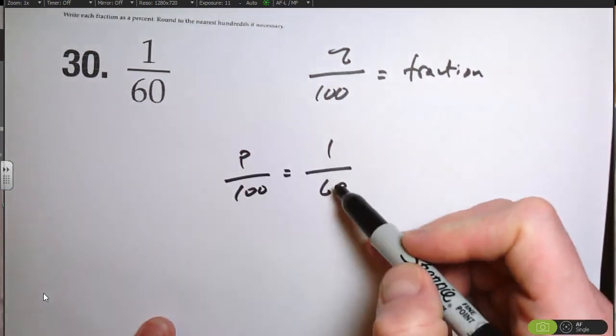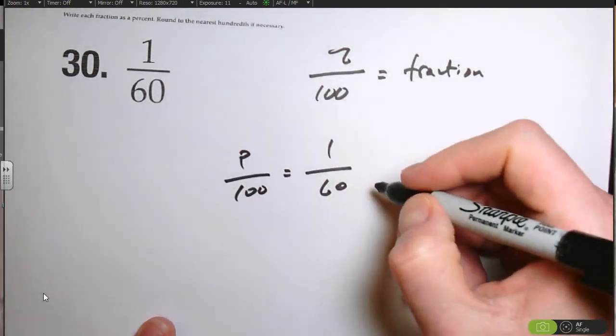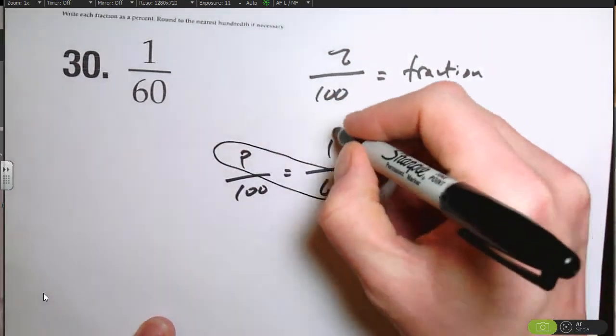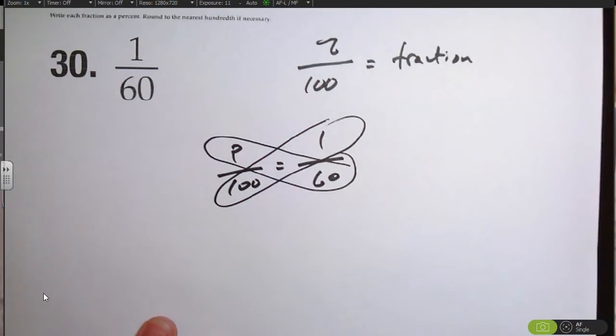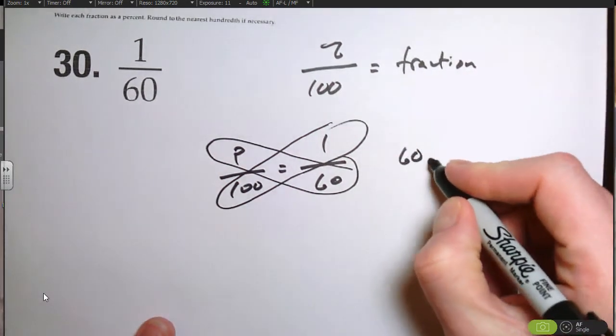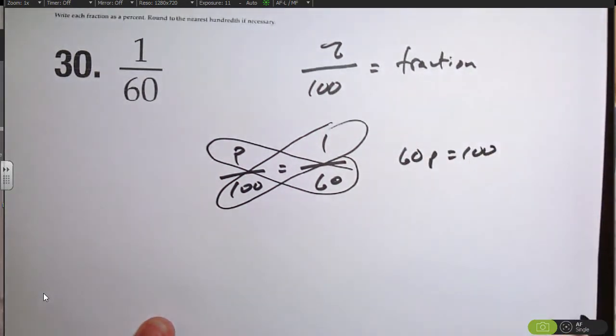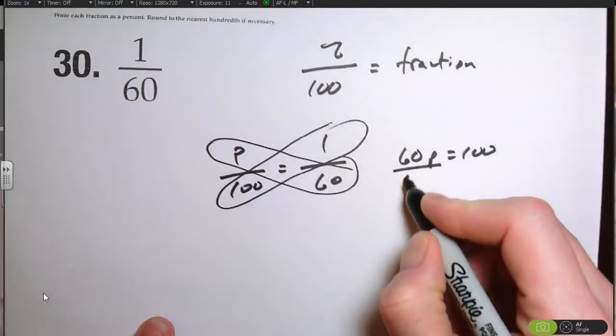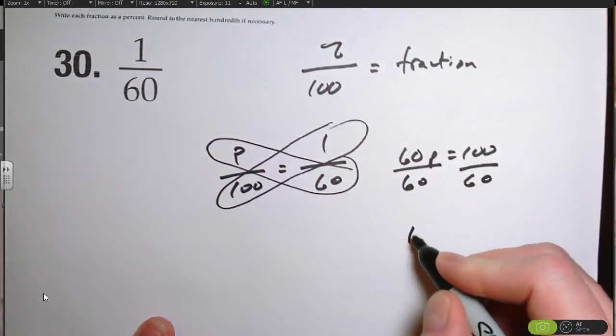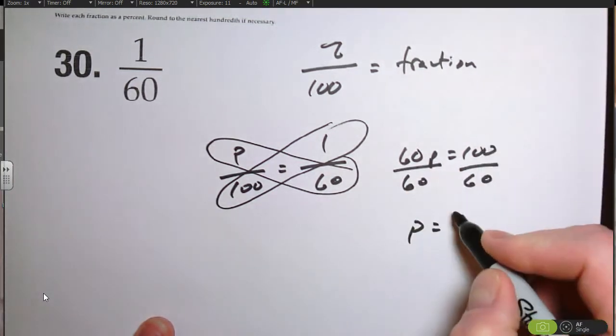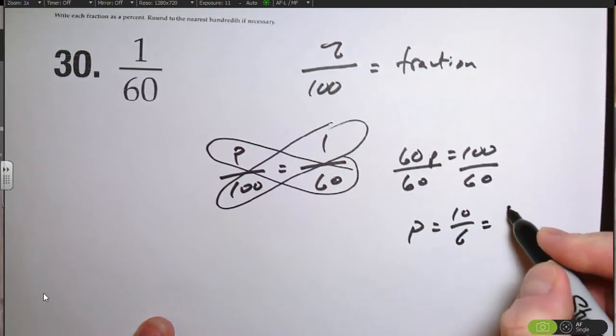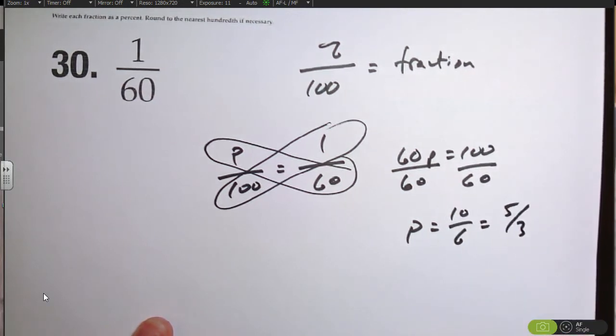It's out of 100. Now what I can do is cross multiply, solving proportions like we did last chapter. So 60p equals 100. Divide by 60. That ends up becoming 10 over 6, which is 5 over 3.